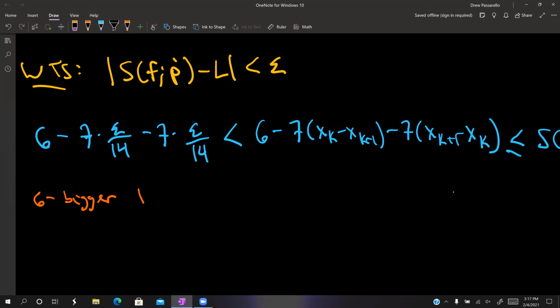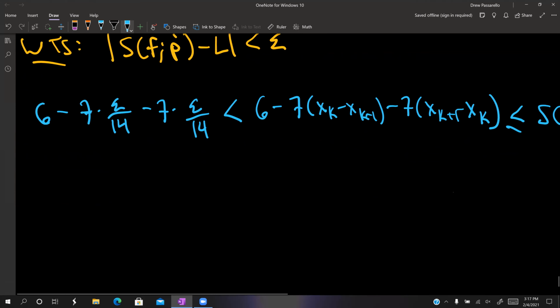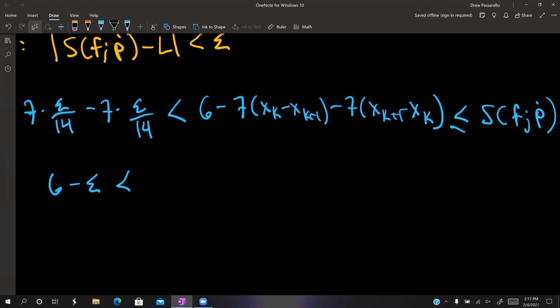And what do we have? So combining the left sides, so these 7, so that's like 6 minus epsilon over 2, and then minus another epsilon over 2, so that's 6 minus epsilon is less than my Riemann sum S of Fp, which is less than or equal to 6.